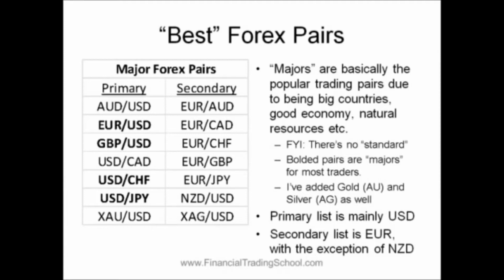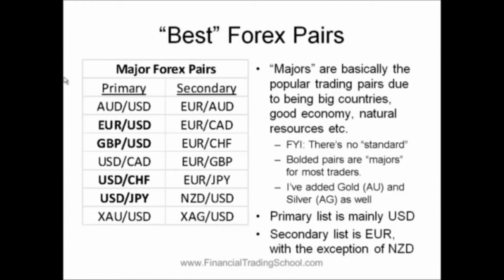In addition, I've also added gold, AU, which is the symbol on the periodic table, and silver, AG, as well, to the bottom of the list. So as you notice on the left, the primary list is mainly based on USD pairs, and the secondary list is based on the euro, with the exception of NZD.